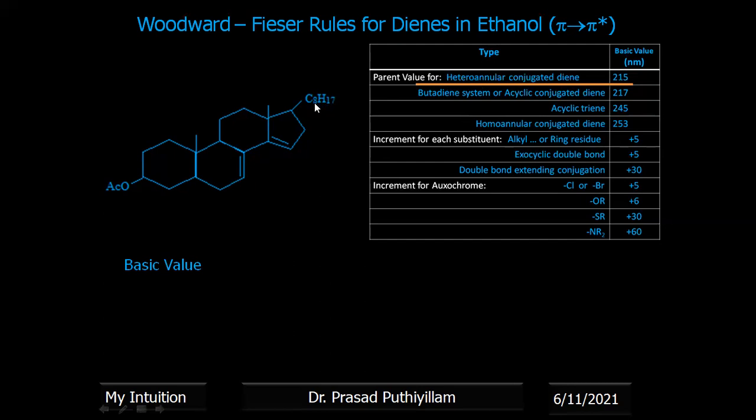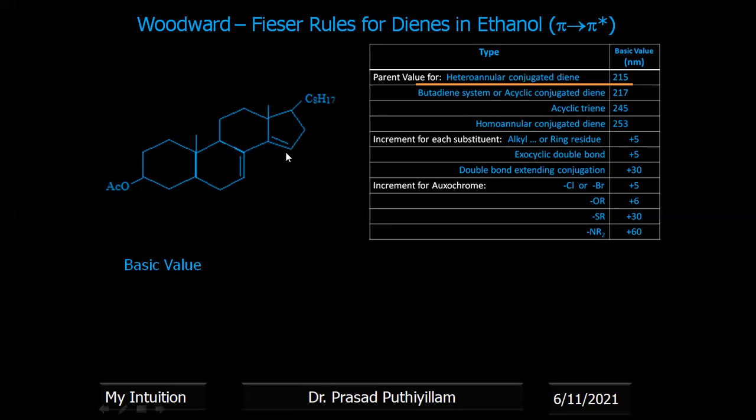Don't think about the C8H17. Here one alkyl substitution, here an alkyl substitution, this ring group. These are not contributing to the wavelength absorption. In the UV visible spectrophotometer range, that is 200 to 800 nanometer range, these are not creating any issues.